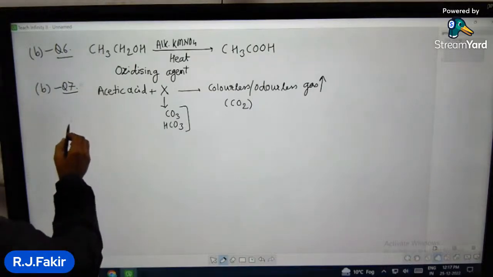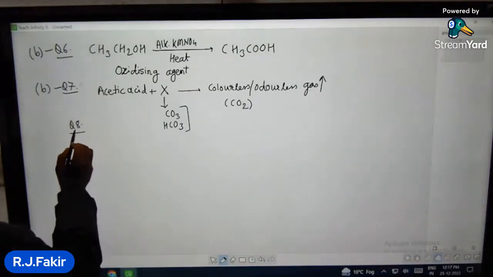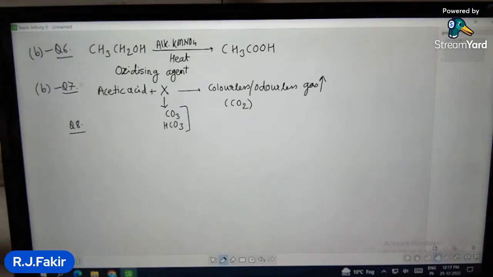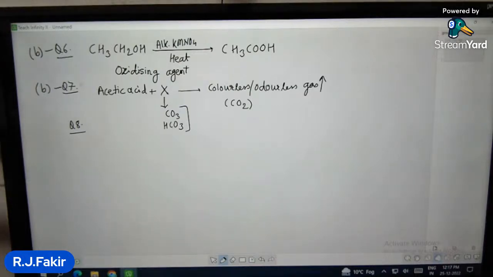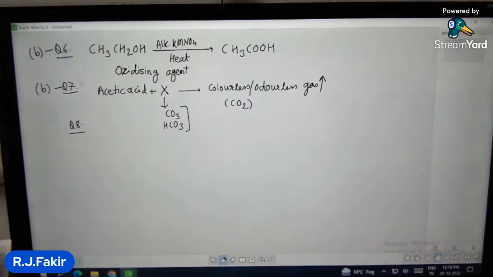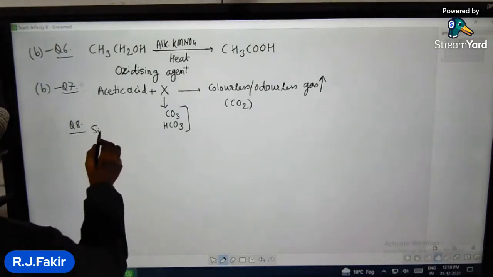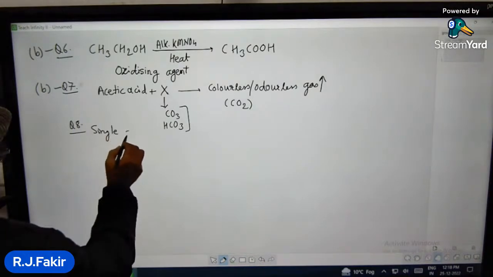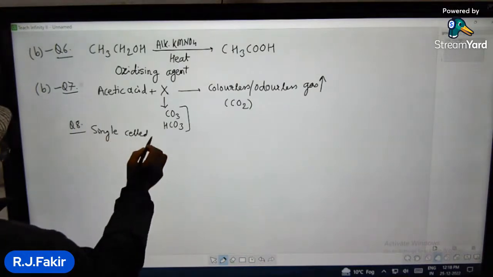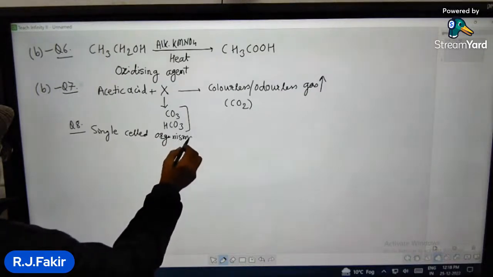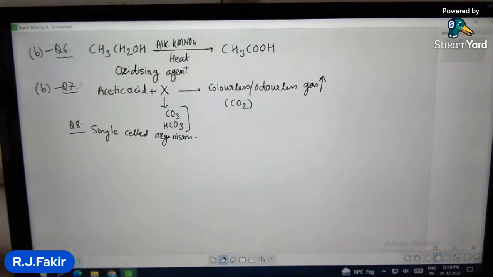Then we can go to question number 8. There are some statements made relating to single-celled organisms. You already know some of the examples of single-celled organisms like amoeba.